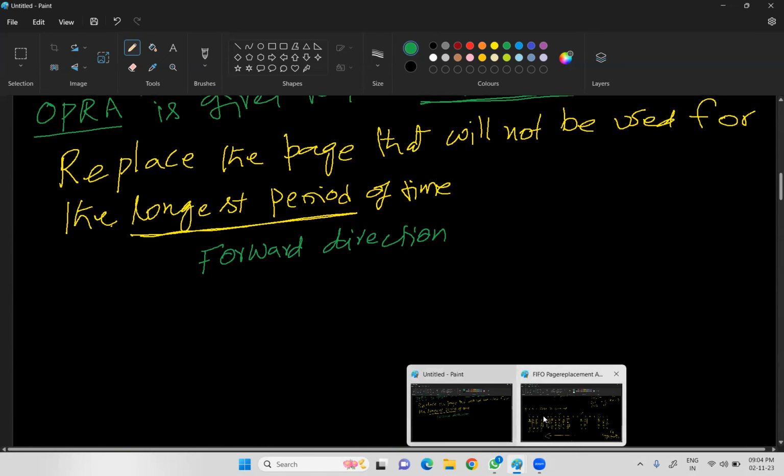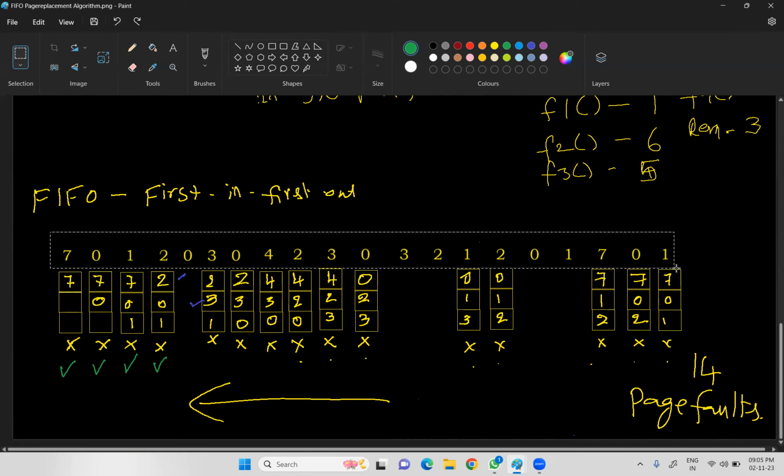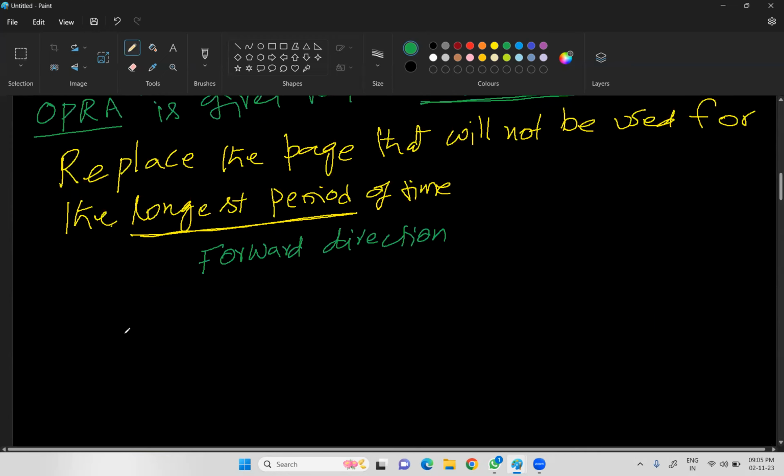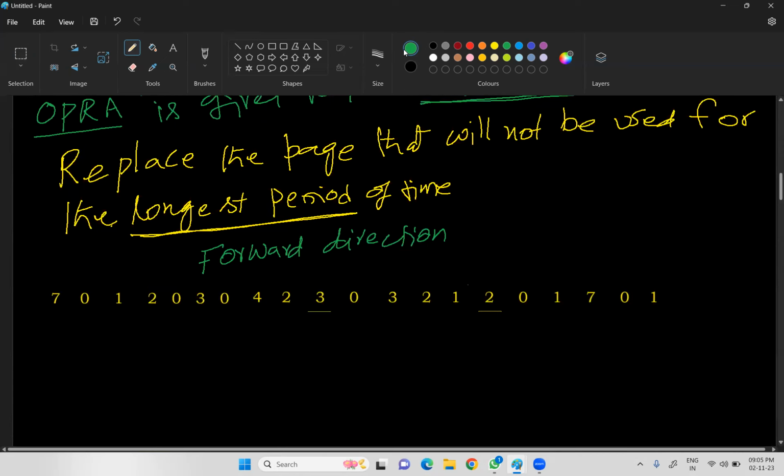To satisfy this, I'd like to copy the same string here, 701, something like this. I don't want to take much time doing this again for explanation purposes.